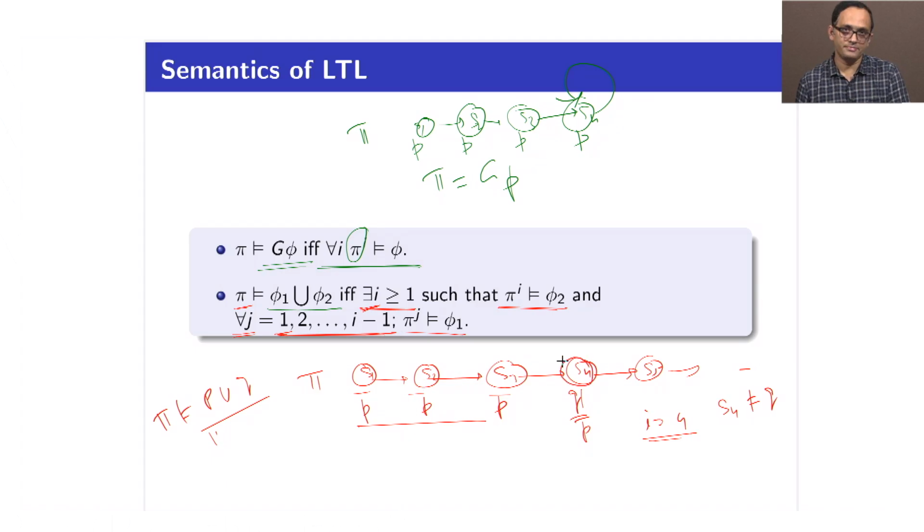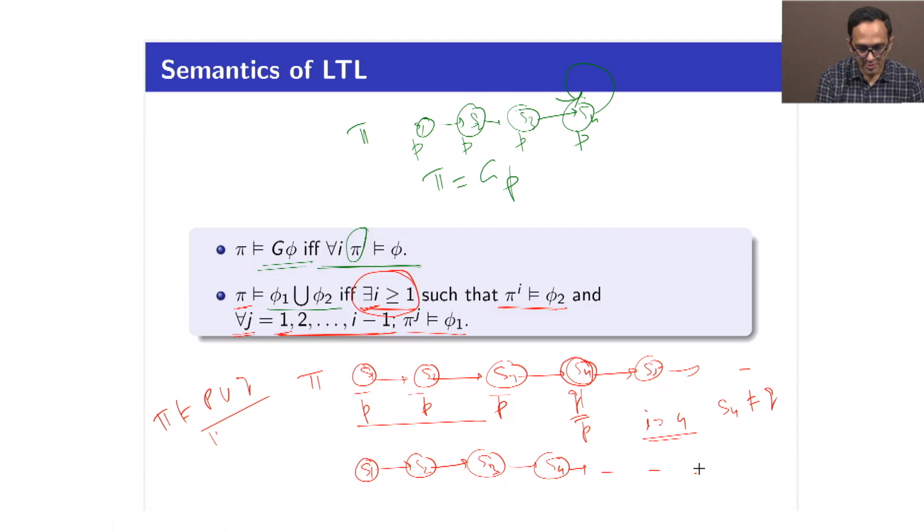But very important to note here, there exists an i which is greater than or equal to 1. So, it might be the scenario where, if you think about the path S1, S2, S3, S4 and so on, it may happen that Q holds here and P never holds.